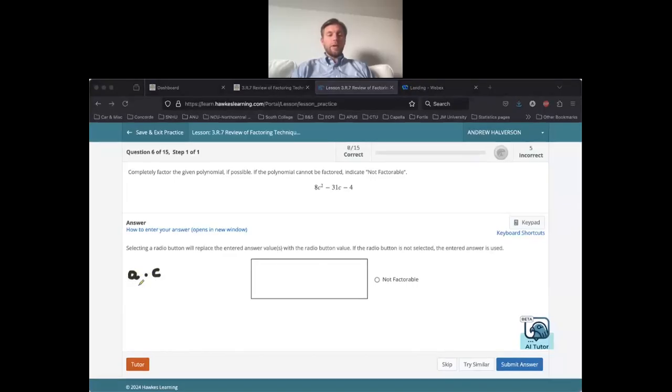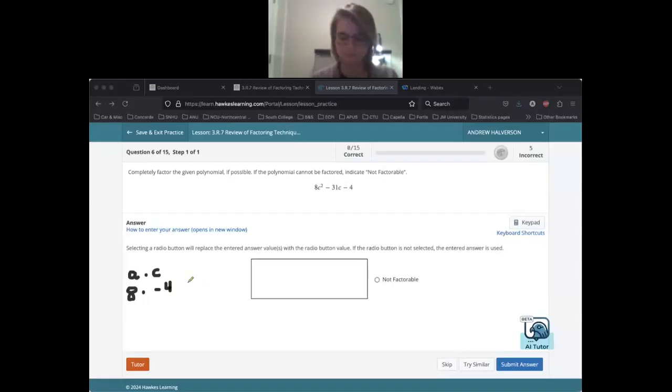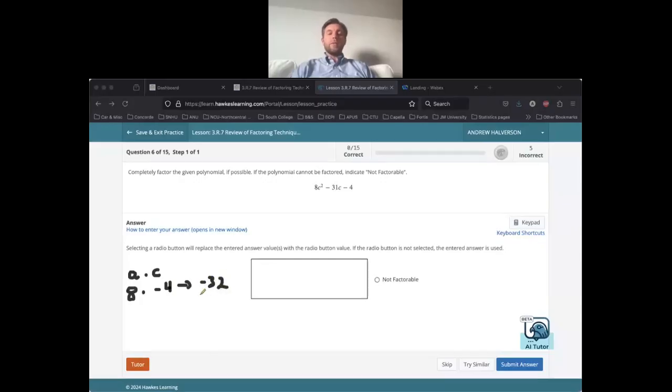So what's our A value? What's our C value? A value is what? 8. And the C value is what? -4. Right. So 8 times -4 is going to give you -32. So you ask yourself, what factors of -32 will add to give you -31?